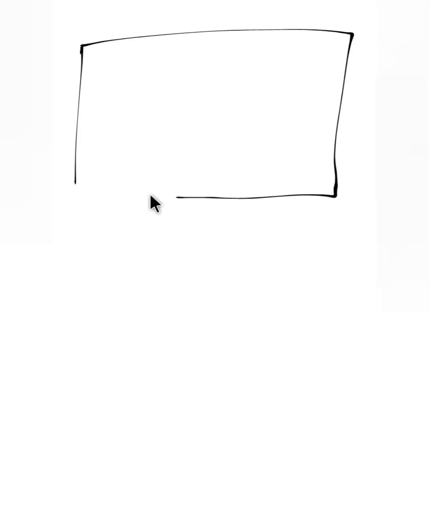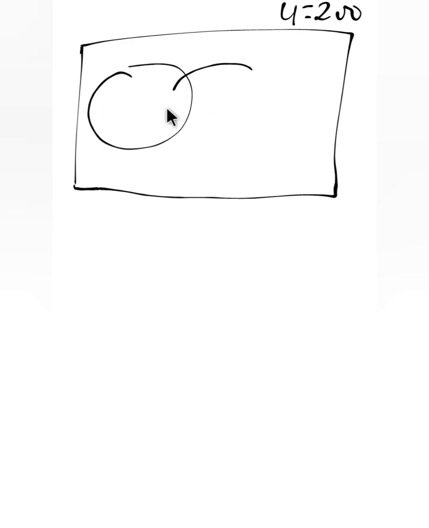So now let's draw the Venn diagram. Now in the Venn diagram, the universal set is equal to 200. Now let this first set be economics, while the other set be history. So this is economics and history.